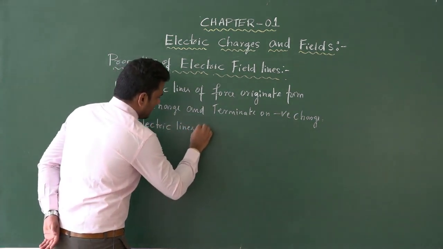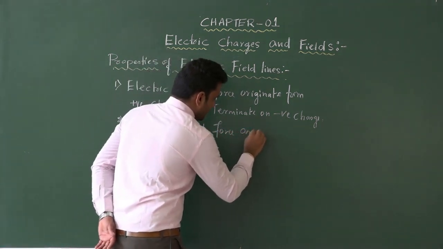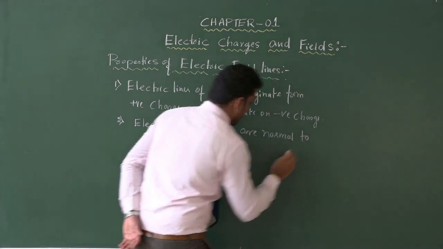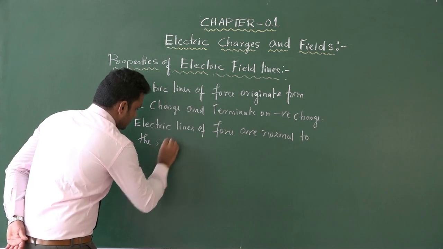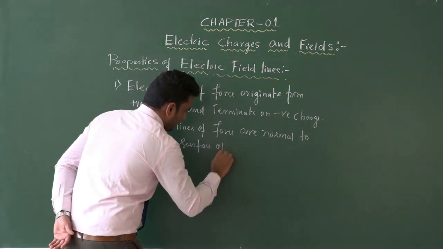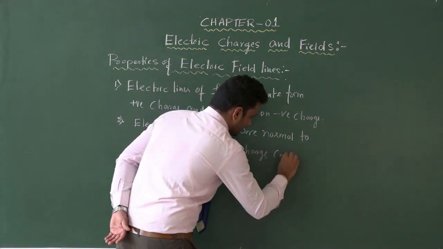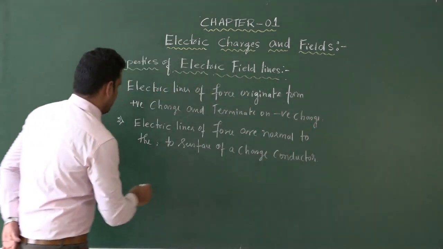Electric lines of force are normal to the surface of a charged conductor, which means they are always normal to the surface of a charged conductor.